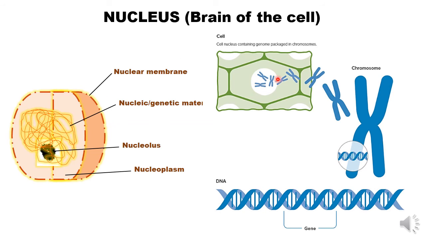Now how many chromosomes will be present inside the nucleus? That depends on different kinds of organisms. Let me give you one example: in human beings, inside one nucleus you will observe 46 such rod-like chromosomes, and in a tomato cell you will observe 24 such chromosomes, and so on.